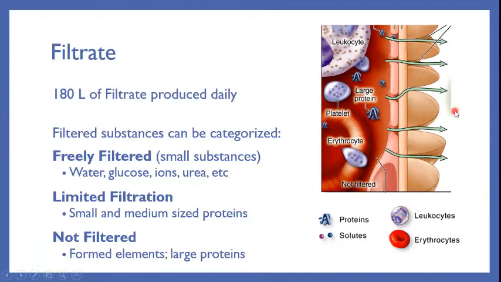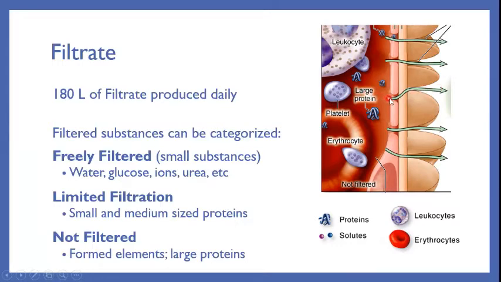This slide helps us categorize all of the substances that are coming out of the capillaries into the capsular space. Small substances like water, glucose, ions, urea, these are all going to be freely filtered. They can just pass freely through the membranes. We're going to see a tiny limited filtration of small and medium-sized proteins.